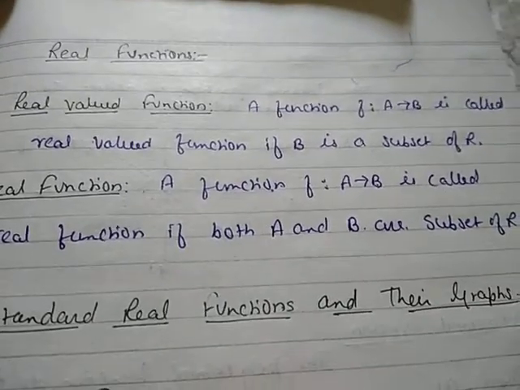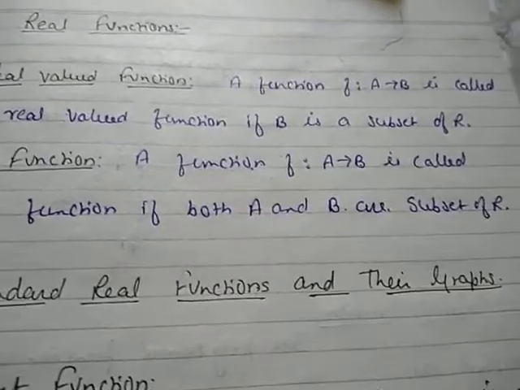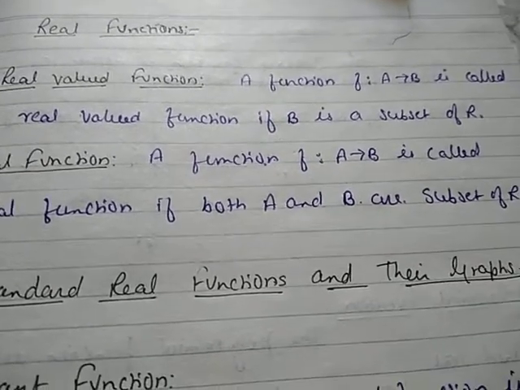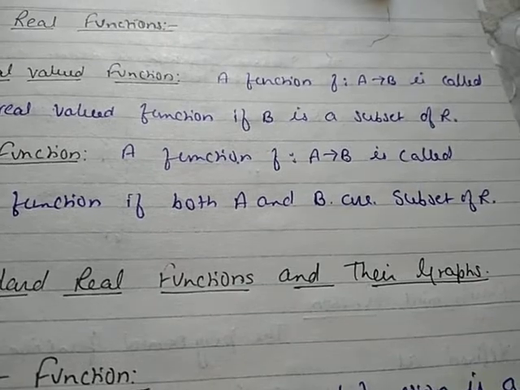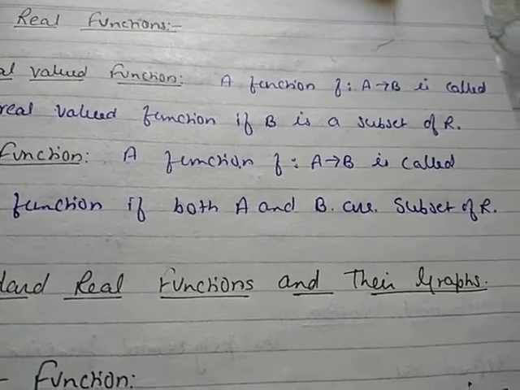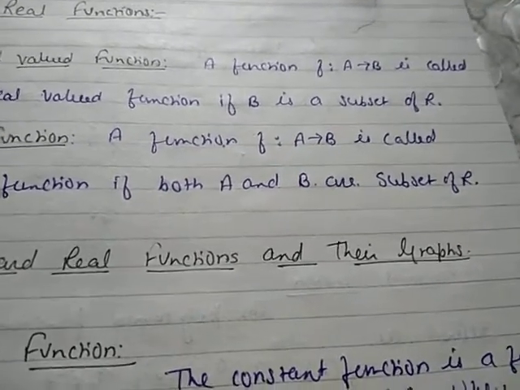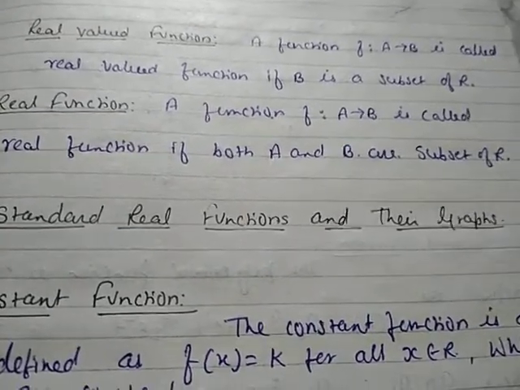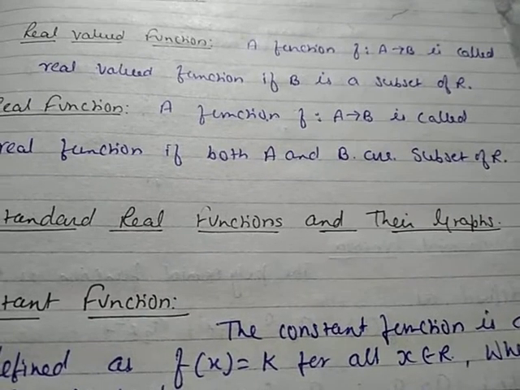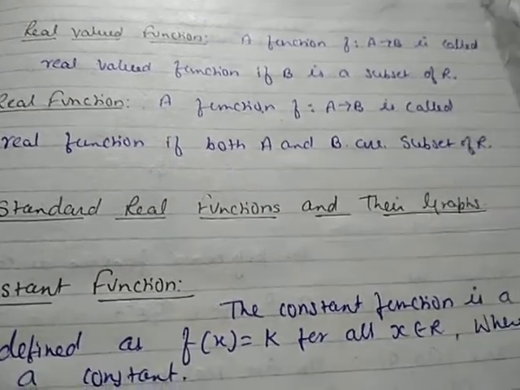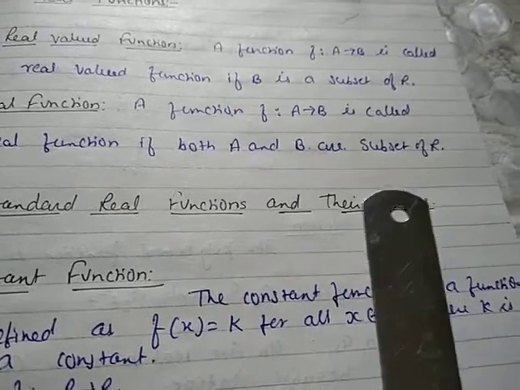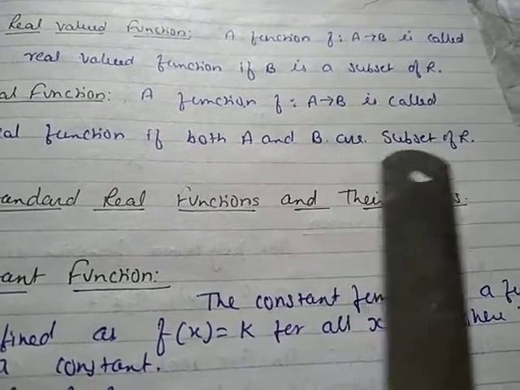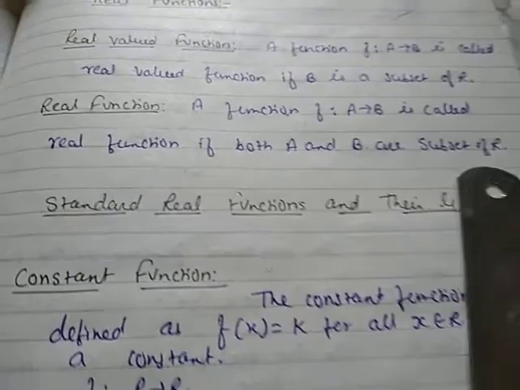The first thing is, what is a real valued function? A function f: A to B is called a real valued function if B is a subset of R. That means the elements of the second set are a subset of R. And a function f: A to B is called a real function if both A and B are subsets of R. Both the elements of A and B are subsets of R. That is a real function.